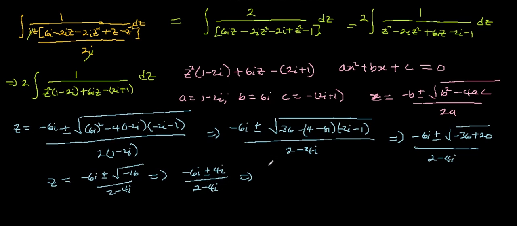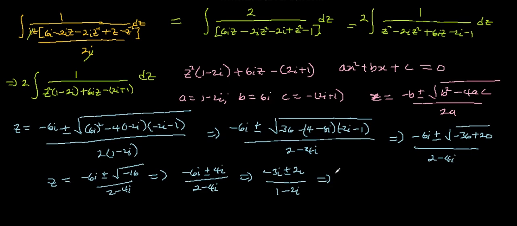So 2 is a common factor here. So dividing everything by 2, we are going to have minus 3i plus or minus 2i divided by 1 minus 2i.